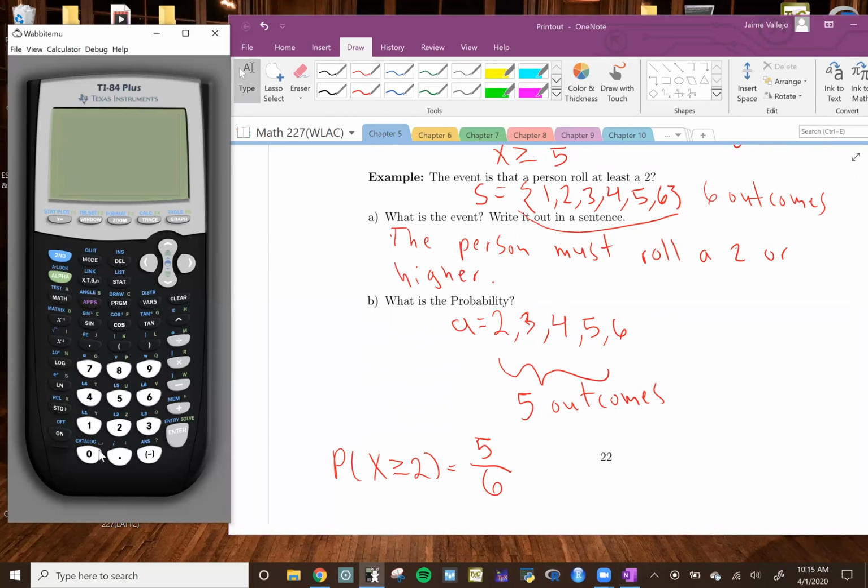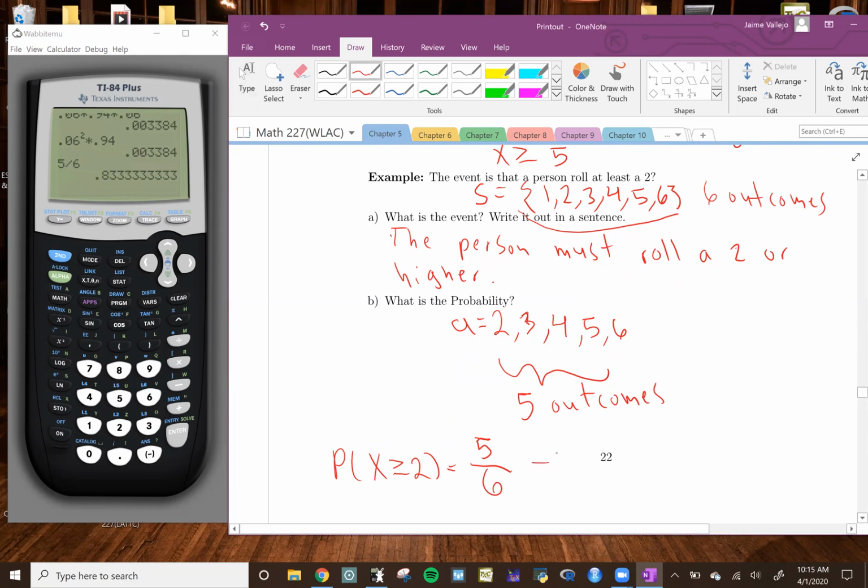Let's turn on the calculator: 5 divided by 6 gives you 0.83, and you put a bar over the 3 because it just repeats. We could also say 83%.